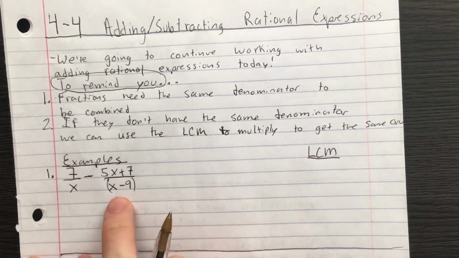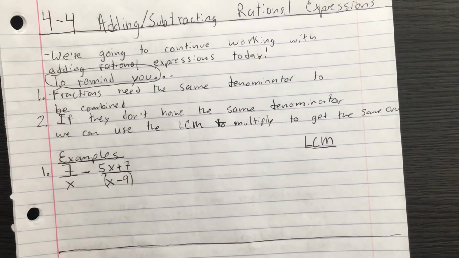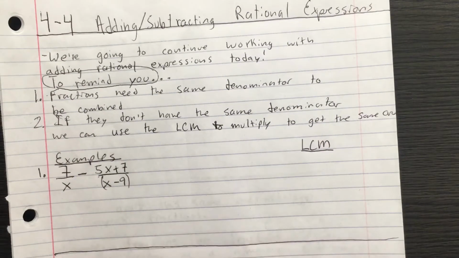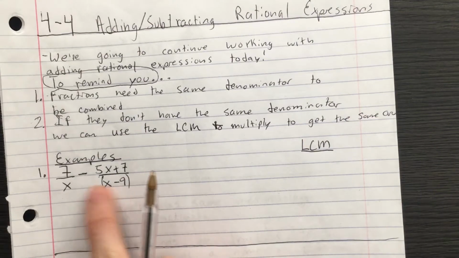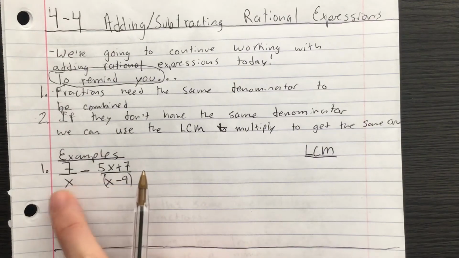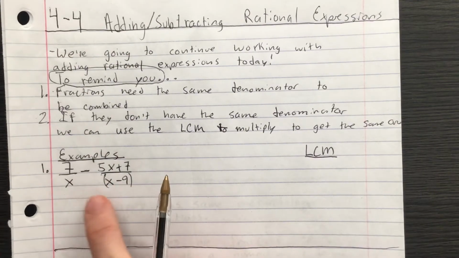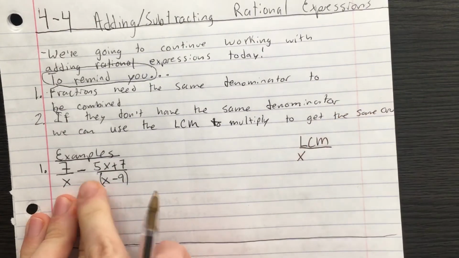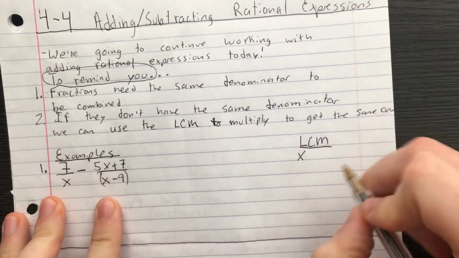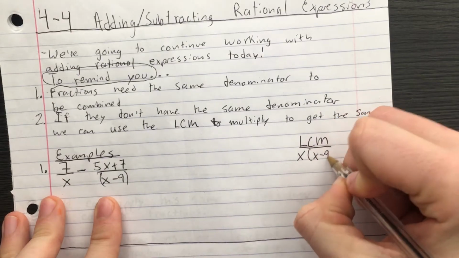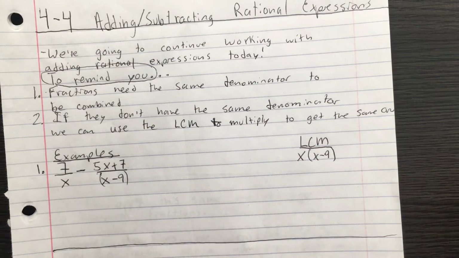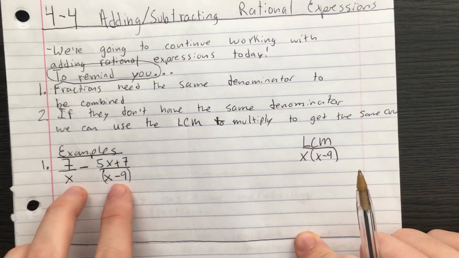If you want to put parentheses around that, this is just the quantity of x minus 9. So these can't be factored at all. I'm going to have to include both of these: I'm going to include the x, and that will take care of that. I'm going to include the x minus 9, and that will take care of that.